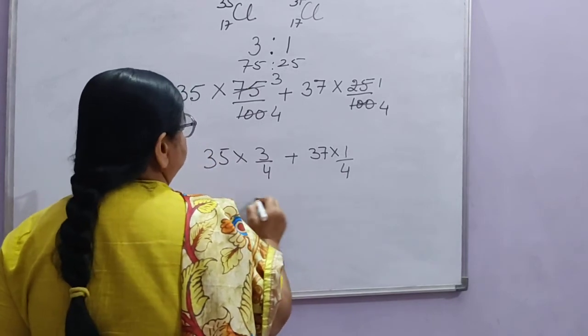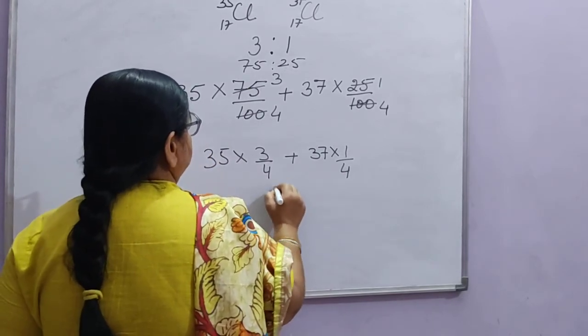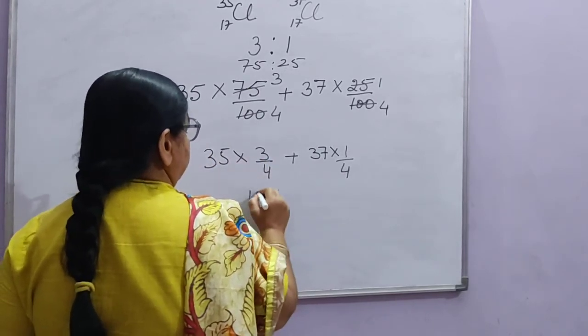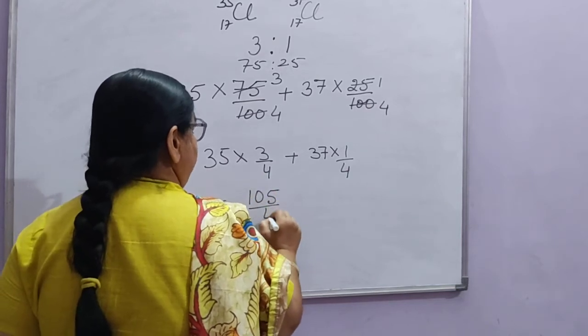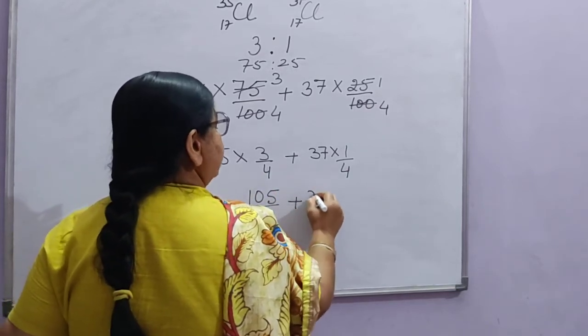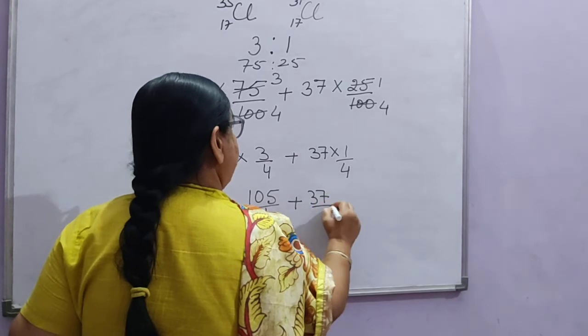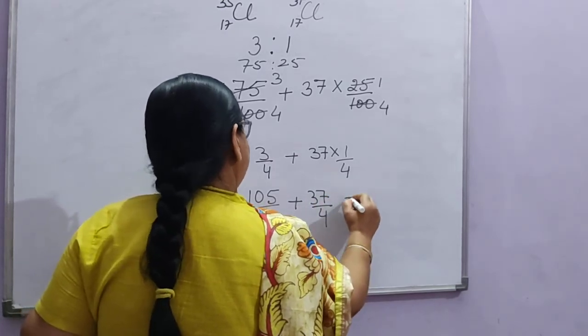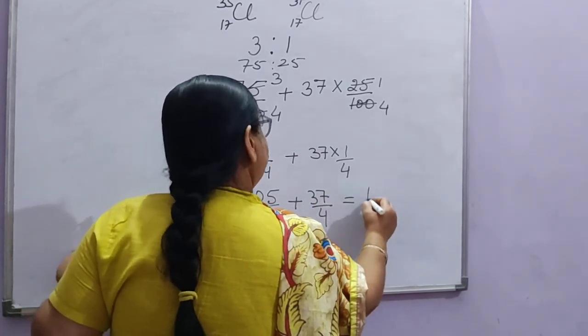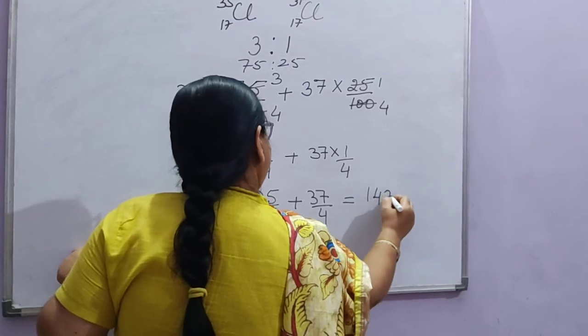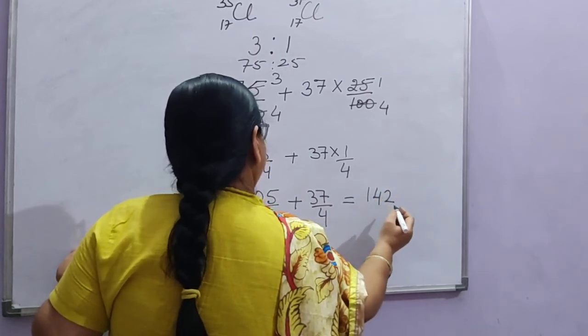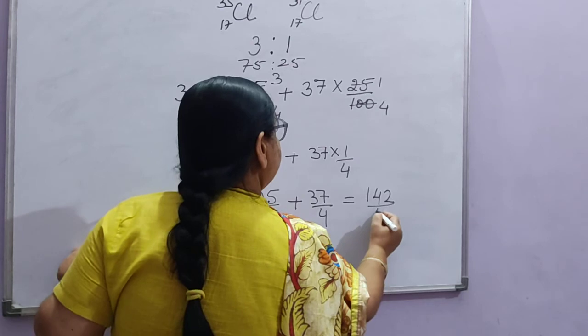That will come to 105 upon 4 plus 37 upon 4, that will equal 142 upon 4.